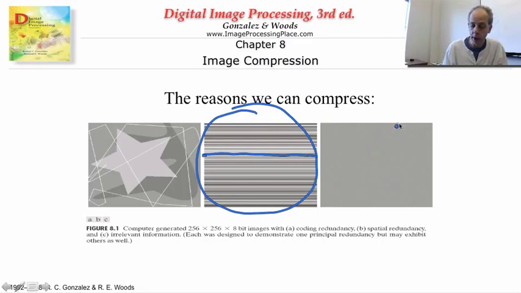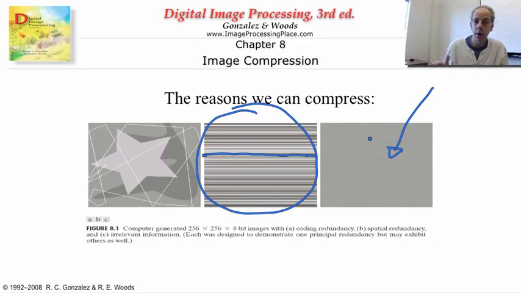The third reason we can do compression is right here. This is a flat image, constant value. So basically, there is a lot of irrelevant information in images. There's a lot of information that we actually don't care to save, or we don't care to save in a slightly different fashion. For example, if this is 128, maybe I don't care if I tell you it's 127, okay?